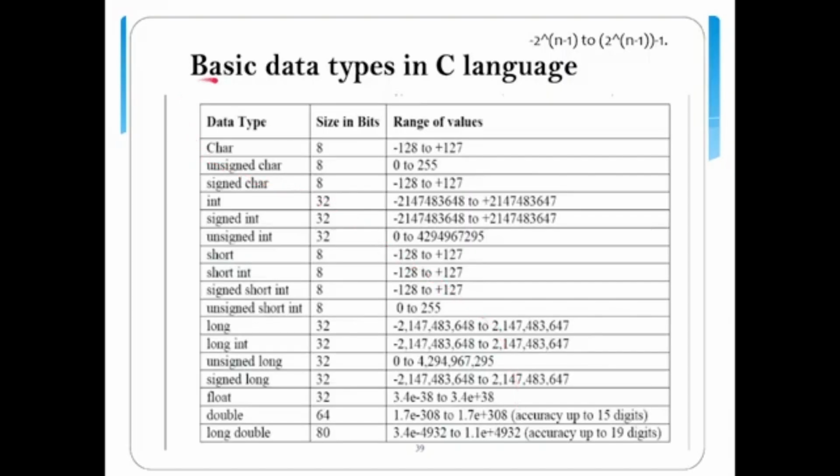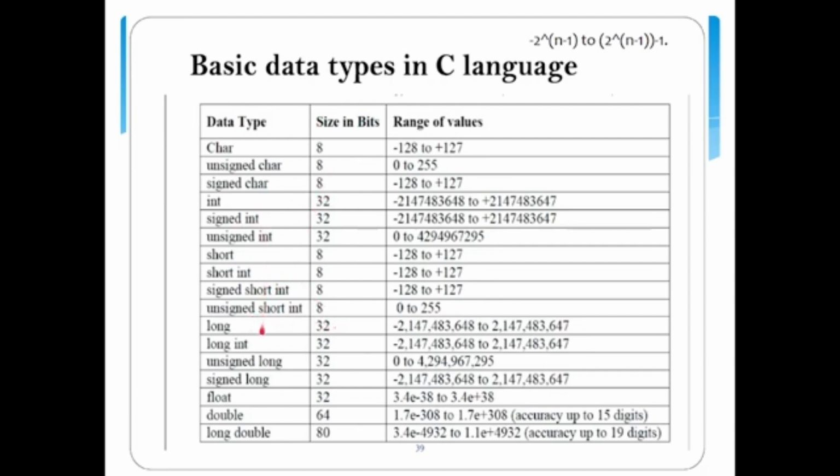And as I said, there are data types like int, long, double, and further like char, unsigned char. Signed means having a specific sign, positive or negative. Unsigned means having no sign. And the size in bits, you need to know it. For integer, it is 32-bit. For long, it is 32-bit.